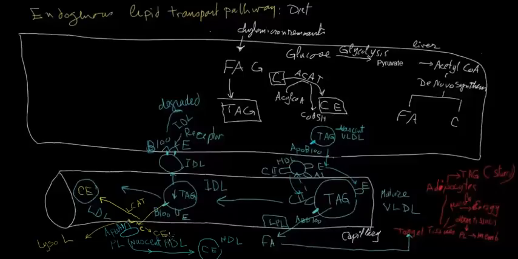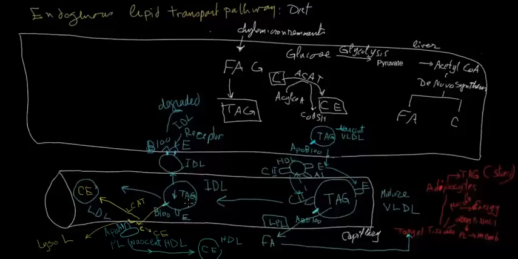In effect, in the conversion of IDL to LDL, its cholesterol content is converted to cholesterol ester to be embedded in the core of the LDL. So now the LDL will have cholesterol ester as the main constituent of the core.